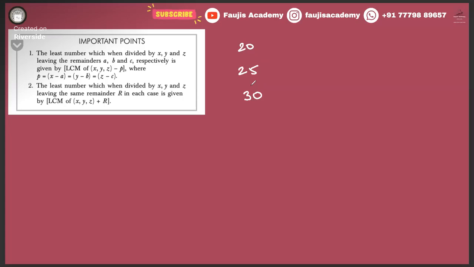The least number which when divided by 20, 25, 30 leaves the remainders 18, 23, and 28 respectively. Then what is that least number? This is the question.